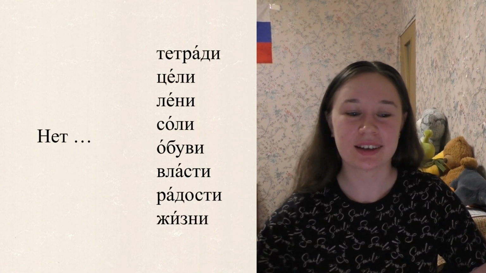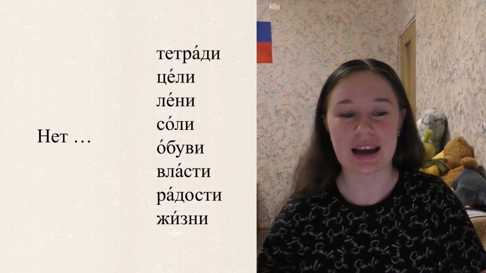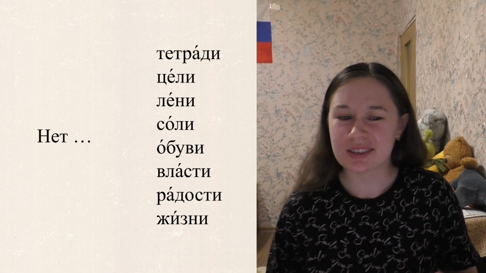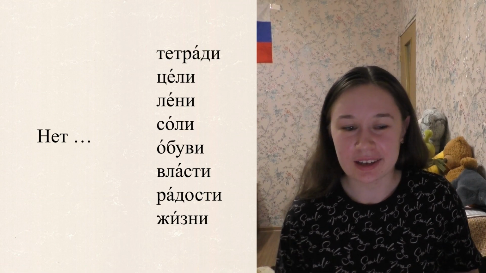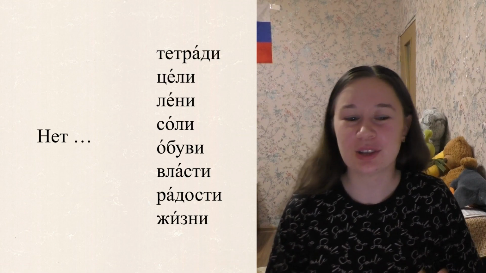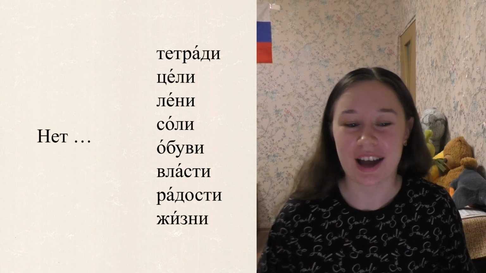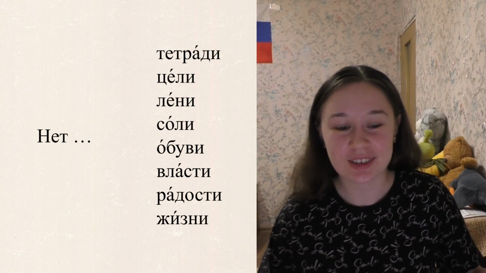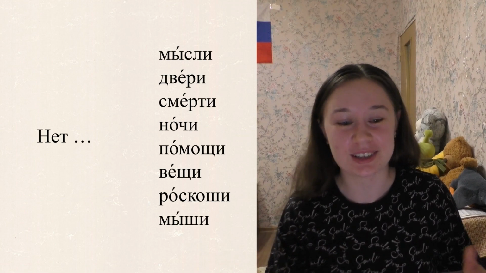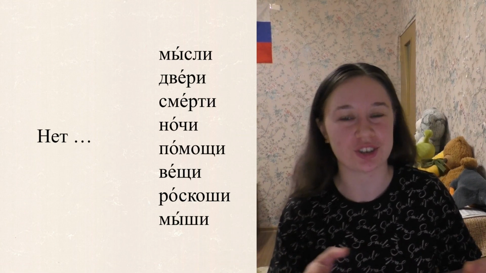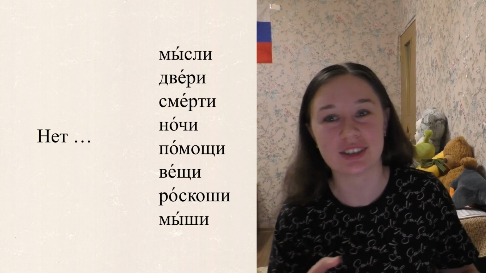And the next level, when you can skip the word здесь, and then you get a shorter sentence. It will sound like нет тетради, нет цели, нет лени, нет соли, нет обуви, нет власти, нет радости, нет жизни, нет мысли, нет двери, нет смерти, нет ночи, нет помощи, нет вещи, нет роскоши, нет мыши.